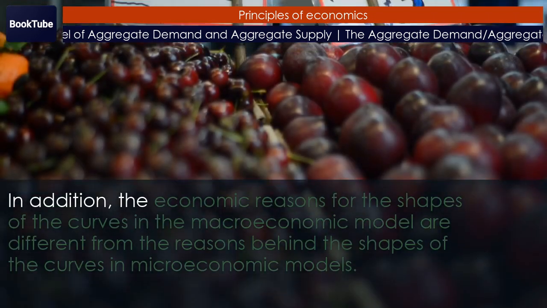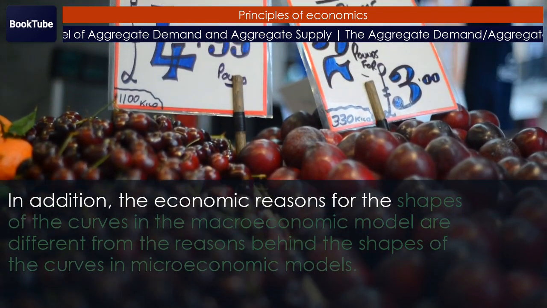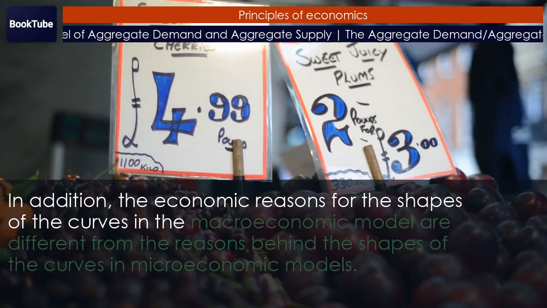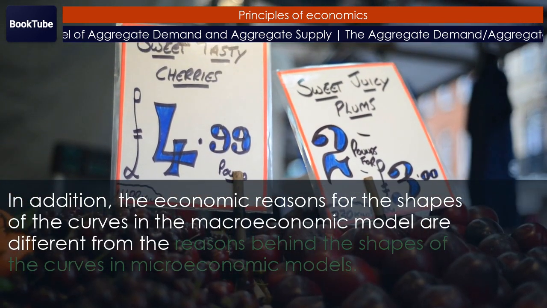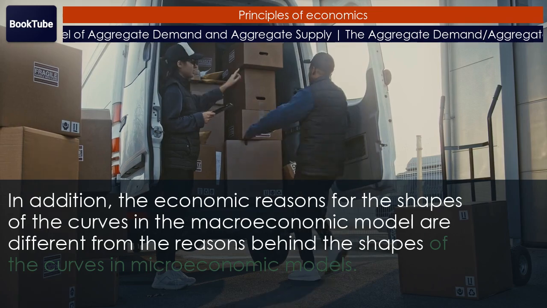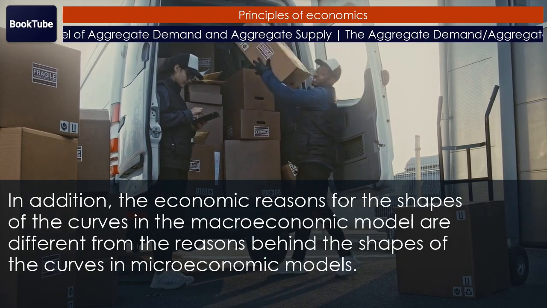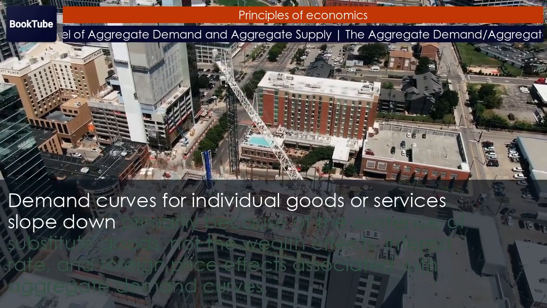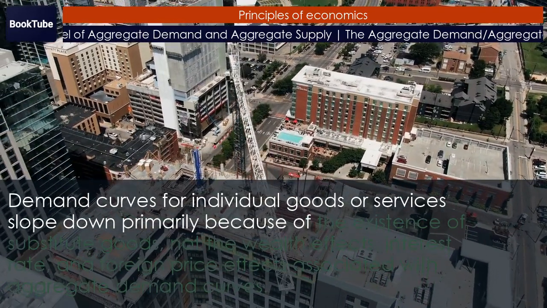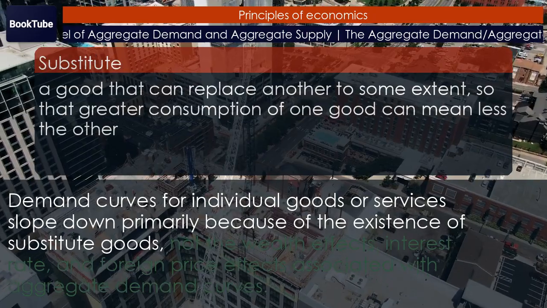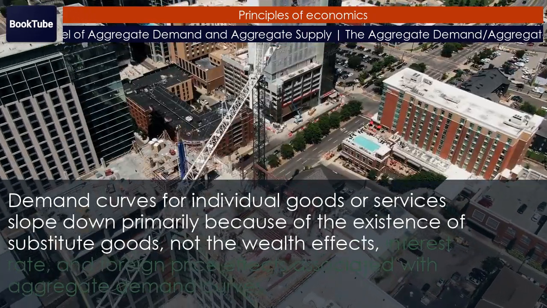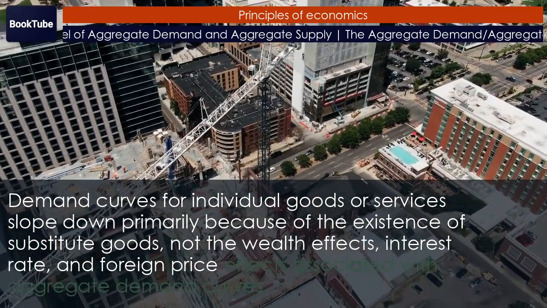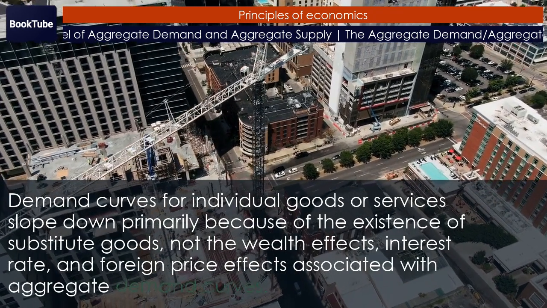In addition, the economic reasons for the shapes of the curves in the macroeconomic model are different from the reasons behind the shapes of the curves in microeconomic models. Demand curves for individual goods or services slope down primarily because of the existence of substitute goods, not the wealth effects, interest rate, and foreign price effects associated with aggregate demand curves.